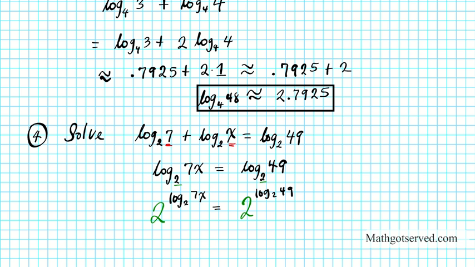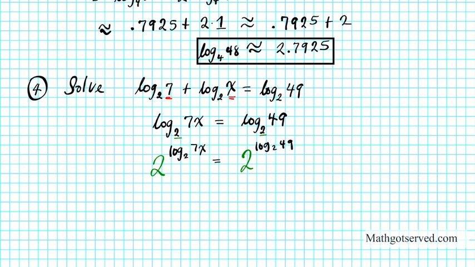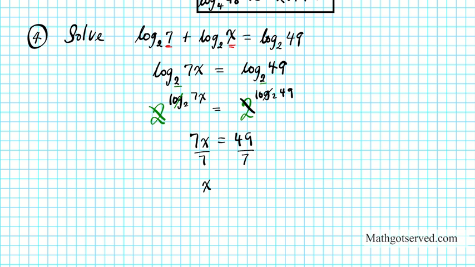Since logarithms and exponents are inverses, these cancel each other out. So on the left side we have 7x equals 49. Divide both sides by 7, and then our final answer is x equals 7. So there goes your answer for number 4.